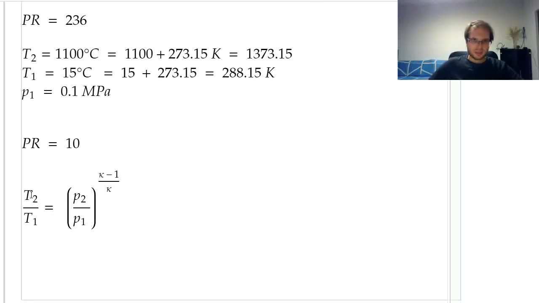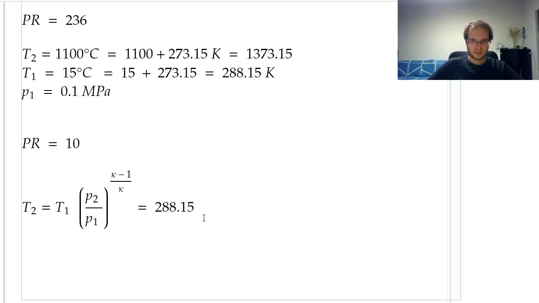So first we will get the temperature after the compressor, so the temperature T2 will be temperature T1 multiplied by P2 over P1 to the kappa minus 1 over kappa, which is temperature T1, 288.15, multiplied by, now the P2 over P1 is the pressure ratio, PR, so in our case it's 10, and kappa was 1.4, so it's 1.4 minus 1, 0.4 divided by 1.4.